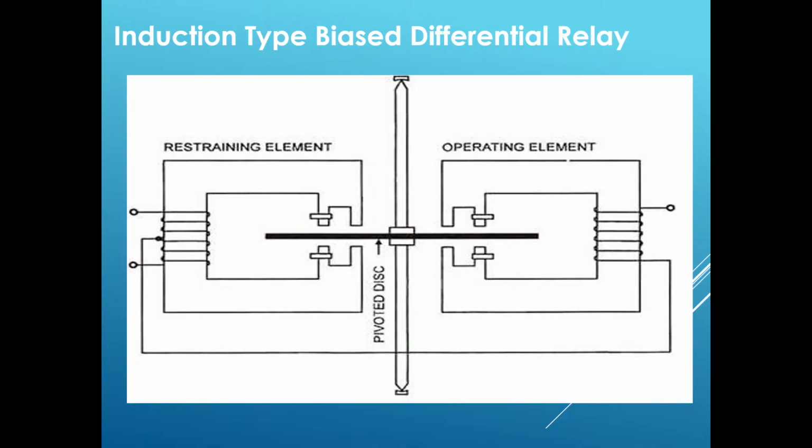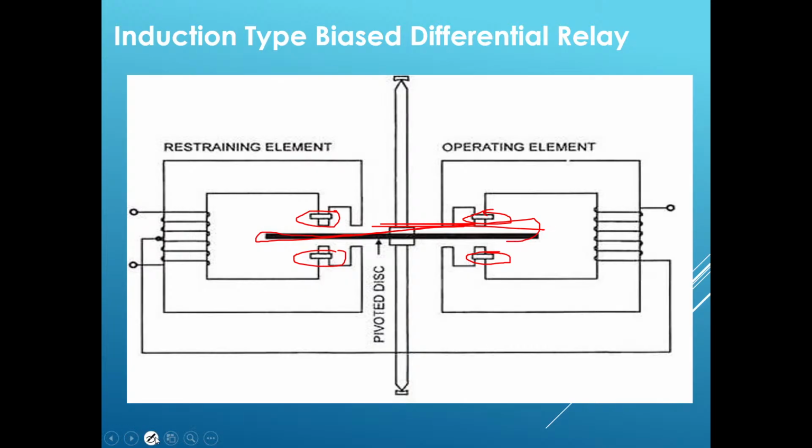And to the split portion, one copper ring, a shaded limb. We can call it a shaded limb. These are the shaded limbs. You can see here, it's looking like an electromagnetic induction type relay. You can even see this black thick line.